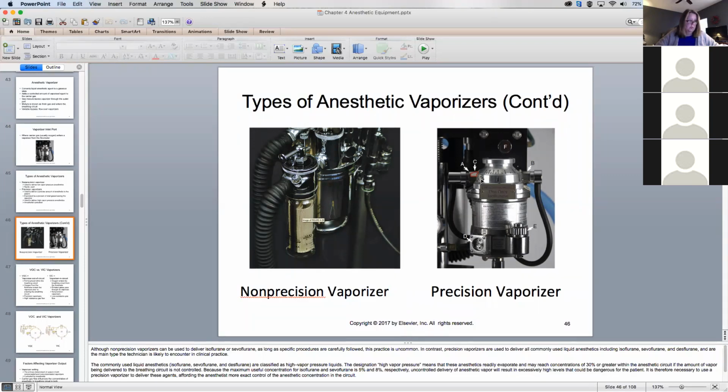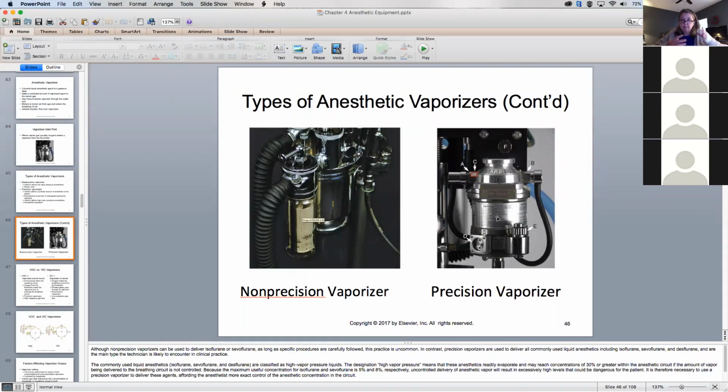Now, this is your precision vaporizer, which is considered a VOC, out of circuit. And this inside has a temperature control mechanism, because remember, temperature affects how something turns into a vapor. If I told you an agent is in a cold environment versus a warm environment, you all properly said the warmer it is, the quicker it turns into a vapor.